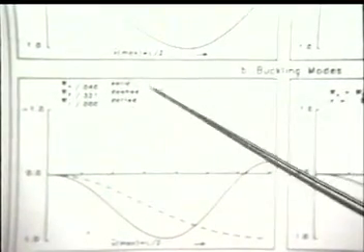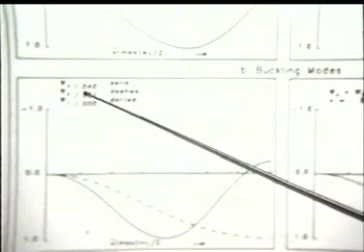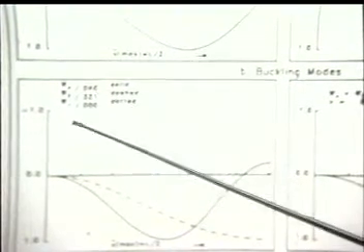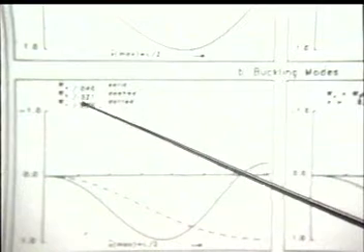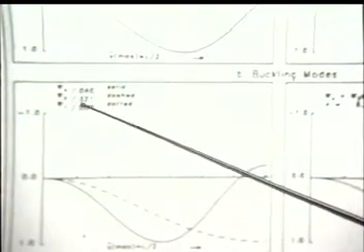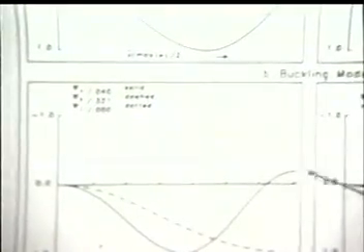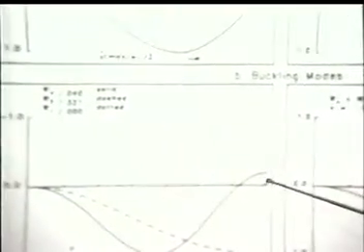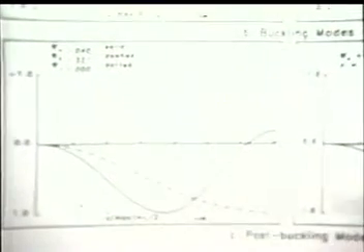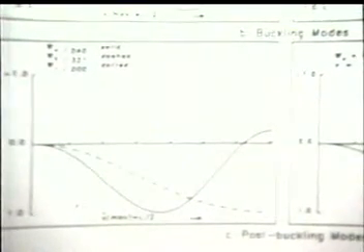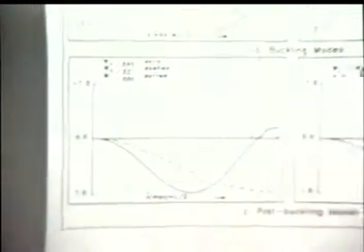W sub alpha is normalized by 0.040 and W beta is normalized by 0.321. So W beta, which is the dashed curve, if I didn't normalize them, would be 10 times as big as this one, and probably you couldn't see it if I put it onto the same plot.